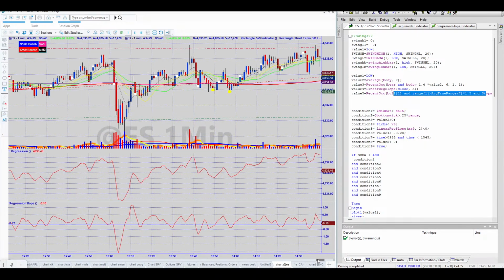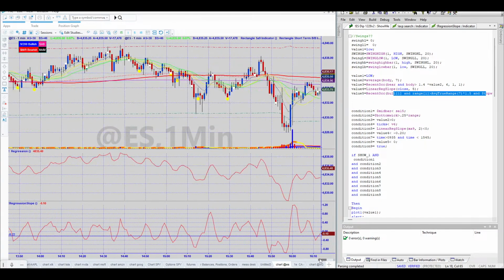It's getting some of the dips. It's just not deep enough. These dips aren't deep enough. They don't leave enough risk to reward for me. And then, you know, I don't like these.